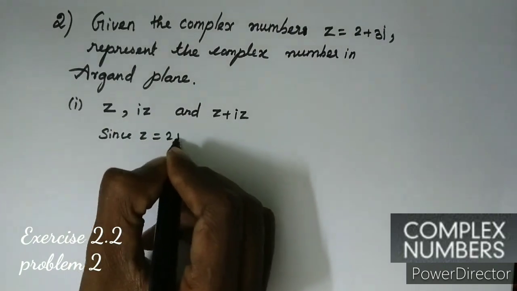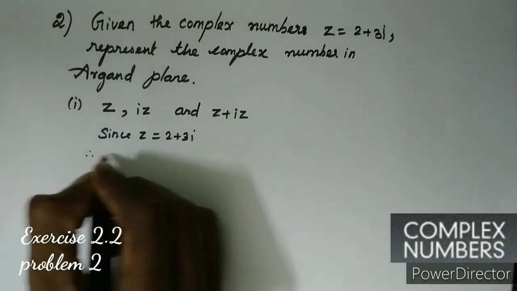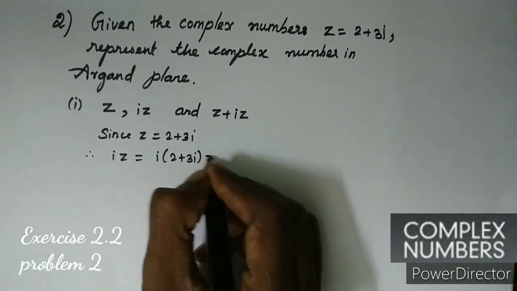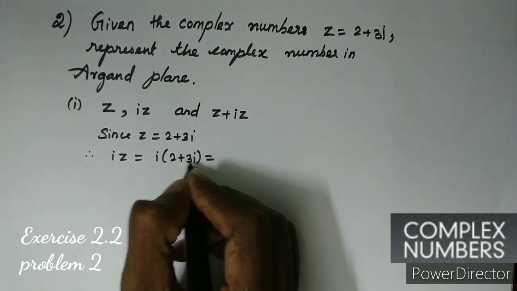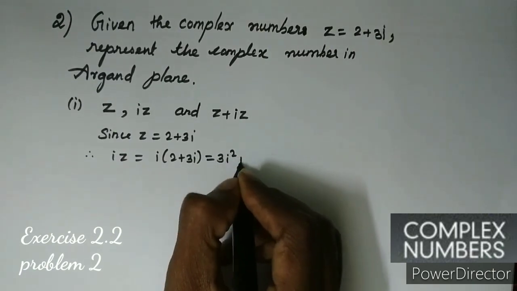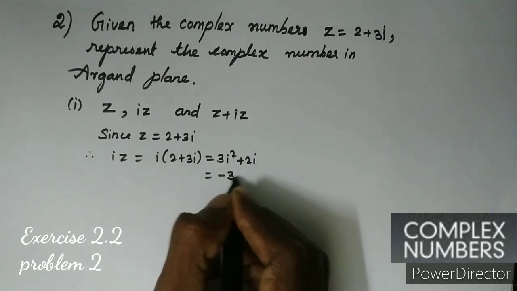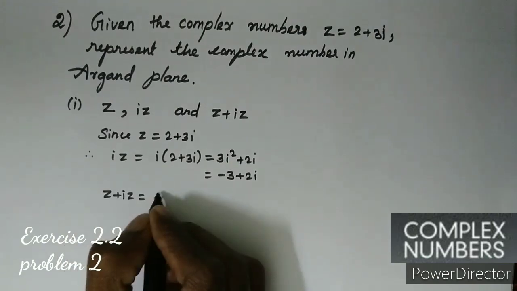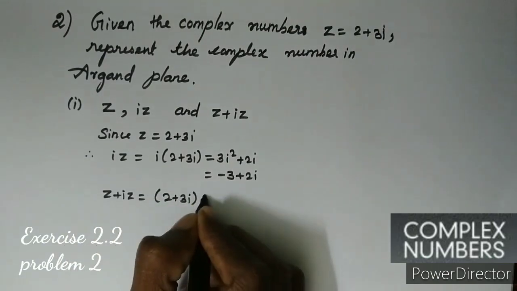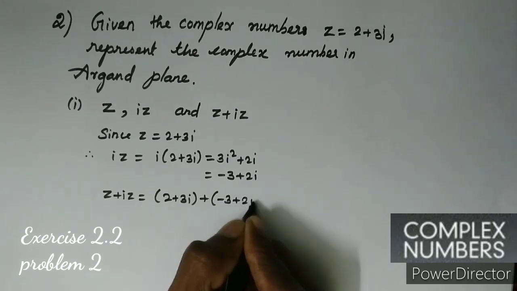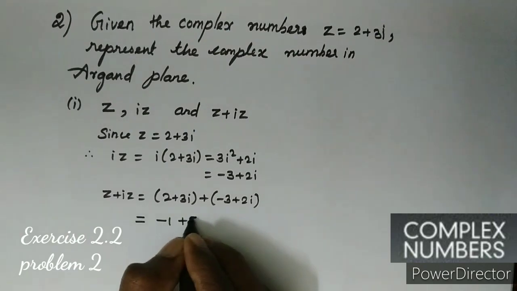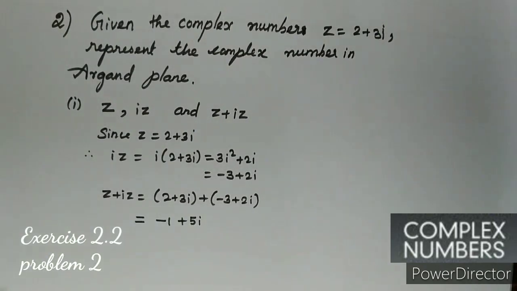Already z is given as 2 + 3i. iz means i into (2 + 3i). Therefore i into 3i is minus 3, and i into 2 is 2i, so it is −3 + 2i. Last one, the sum of the above two: z + iz equals 2 + 3i plus (−3 + 2i). The real part is 2 minus 3, that is minus 1. The imaginary part is 3i plus 2i, that is 5i.